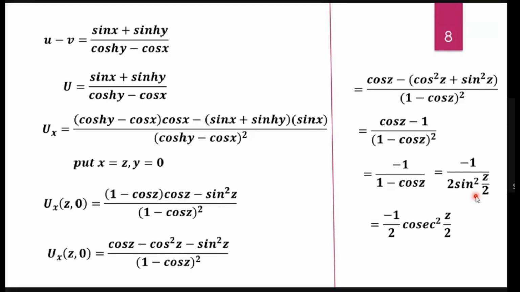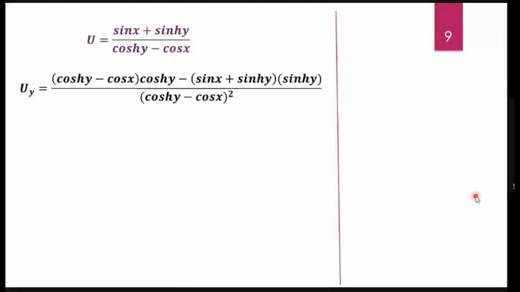In the same way, calculate uy. तो ux जैसा हमने किया है वही मेथड से हमें uy करना है. u by v formula use करके put x is equal to z, y equal to 0 and then calculating the function uy. Okay, so uy will be again differentiating u by v form.